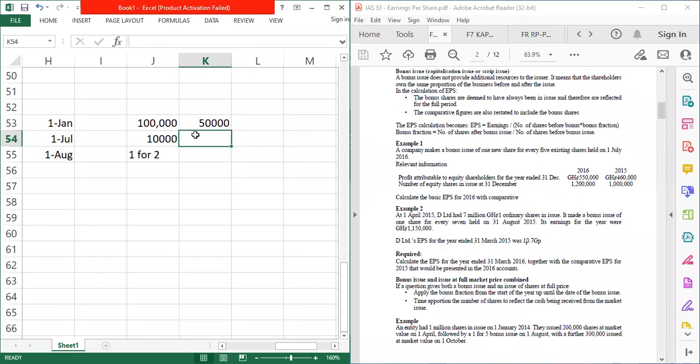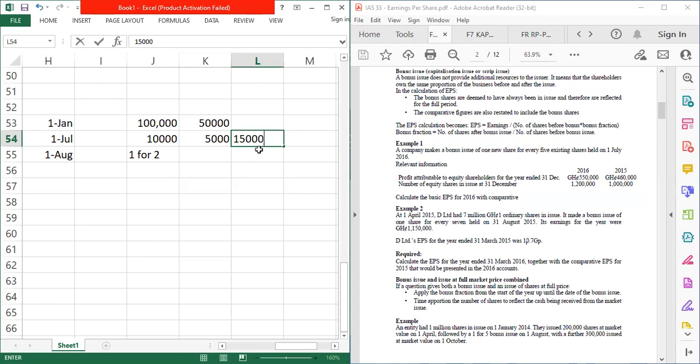So the bonus issue will be full on it. Half of 100,000 is 50,000. But for this particular one, the bonus issue will be 5,000, isn't it? And the total shares at January should have been 15,000 plus the bonus issue. But these shares contributed to only 6 months. So if you want to find a weighted average number of shares, you are going to calculate only 6 months on this, because this has only used 6 months.